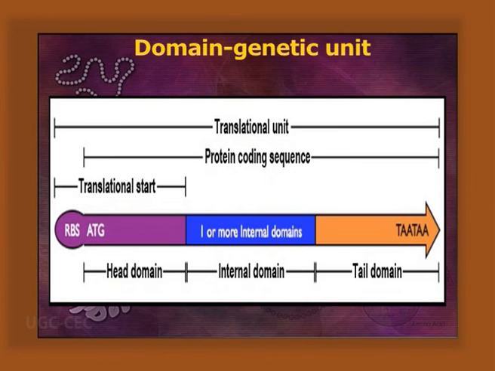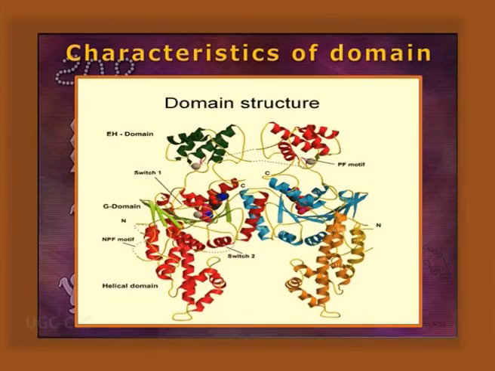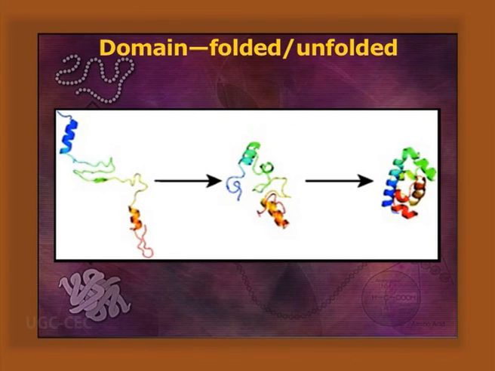An evolutionary unit, by which the exon and intron structure of DNA can be compared with the protein structure as well. It is also a functional unit showing a particular function. It is a very discrete unit by which the polypeptide chain is folded. It is a thermodynamic unit having native and denatured conformation by folding as well as unfolding.